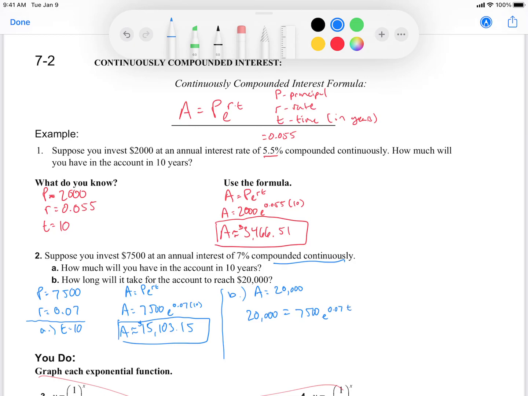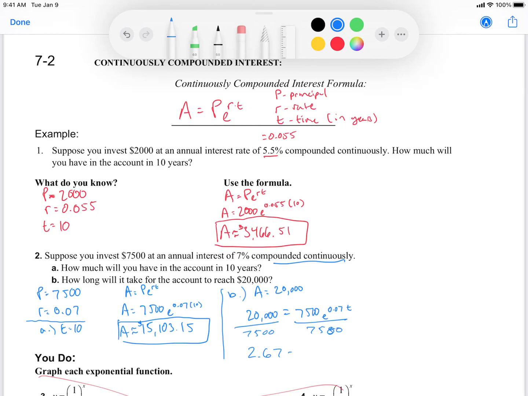So again, this is a problem different than what we've seen before because we're trying to solve for an exponent. How we're going to do the first step is just like we would normally. I want to isolate those things, so I'm going to divide both sides by 7,500. And I should get about 2.67, roughly.